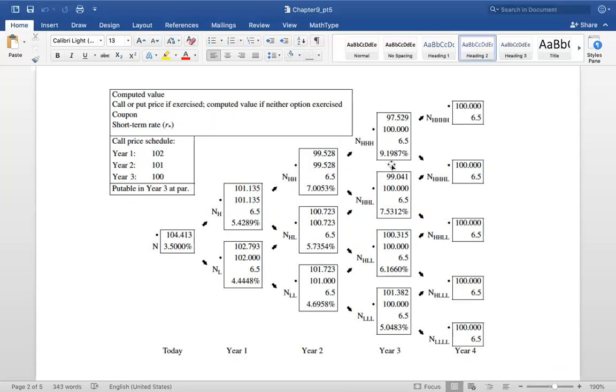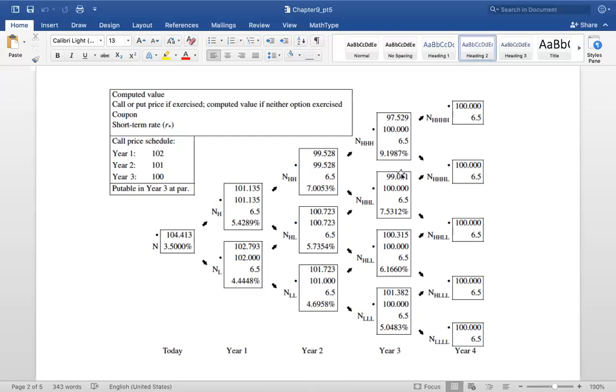Whenever the price is below the put price, the investor can put the bond, and whenever the price is above the call price, the issuer can call the bond. So like here, and here, right? The logic is the same, right?